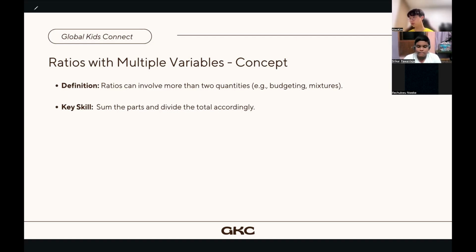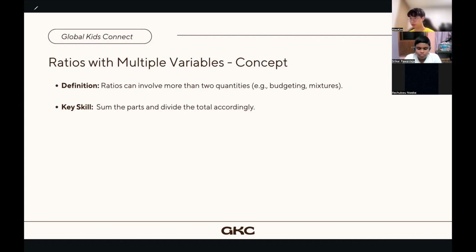Some contexts where this happens are questions regarding budgeting, so anything related to money or cash and spending, as well as mixtures. If there are context questions regarding baking a cake or a bread using different kinds of ingredients, then that's also ratios of the amounts that are required. And so it depends on the question.